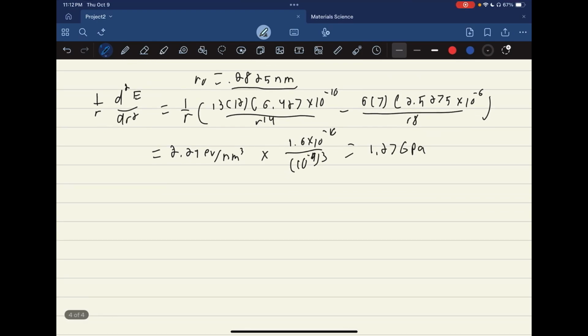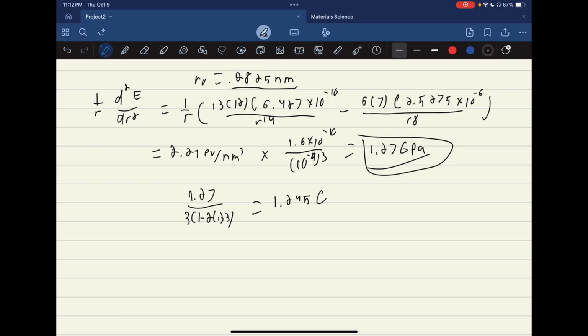And then for the bulk modulus, again, when you divide that by 3 times 1 minus 2 times 0.33, you are given 1.245 gigapascals as your bulk modulus.